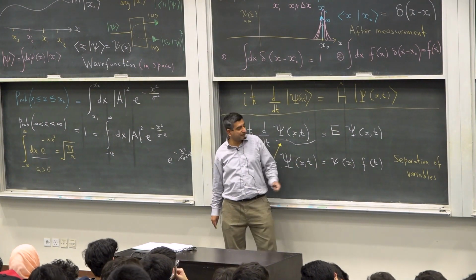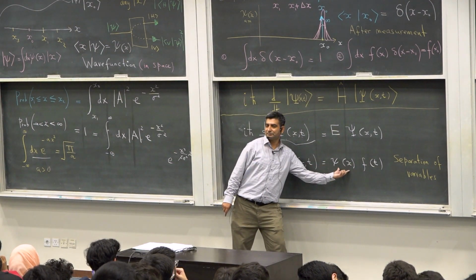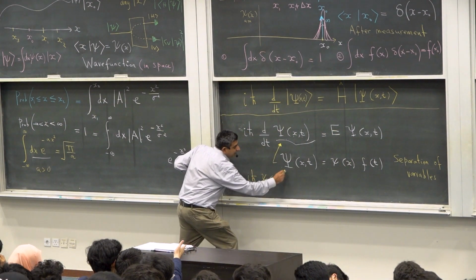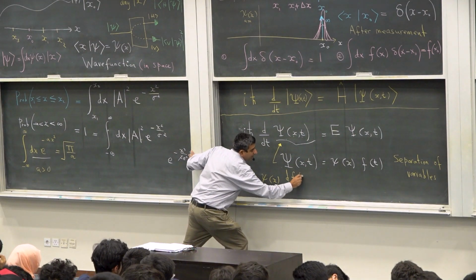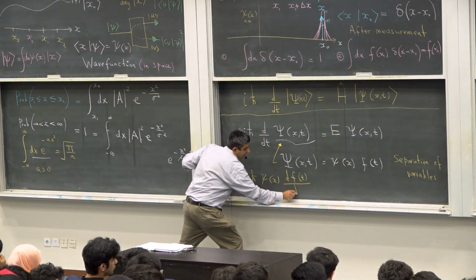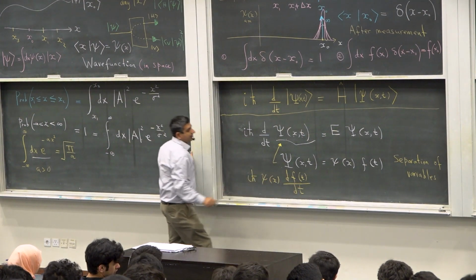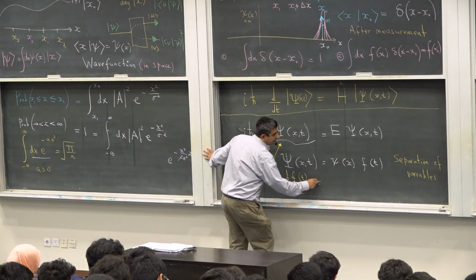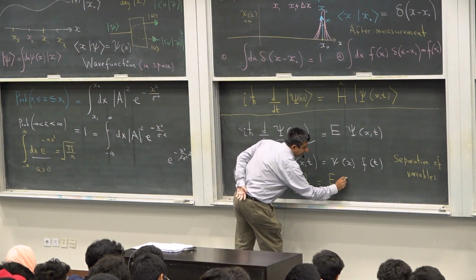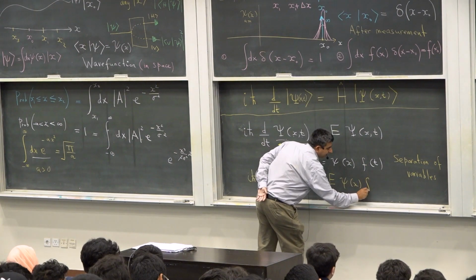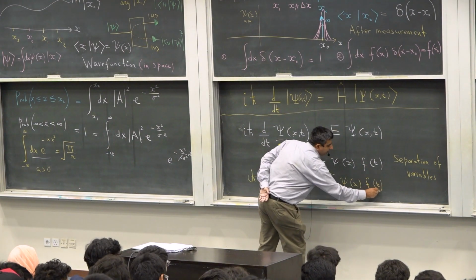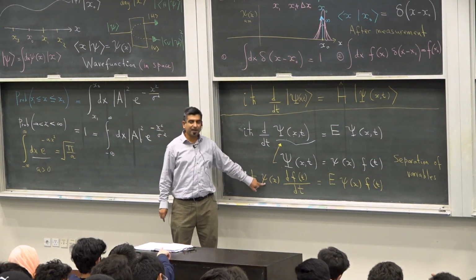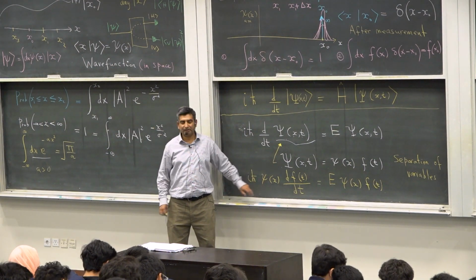But as far as the time derivative is concerned, this is a constant. So I can just write this as it is, and I'm left with df(t) by dt, equals E psi(x) f(t). Correct? When I take the time derivative, this part appears as a constant.